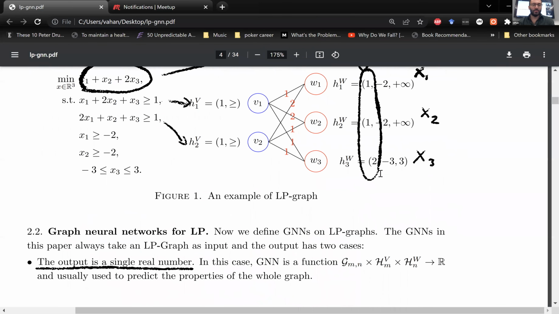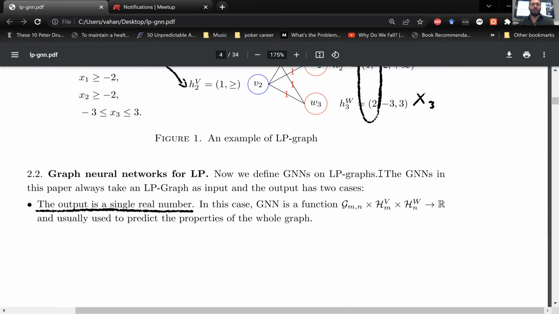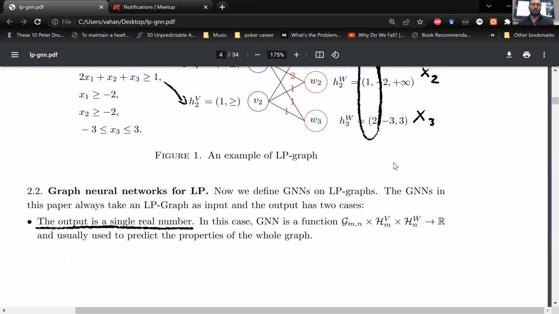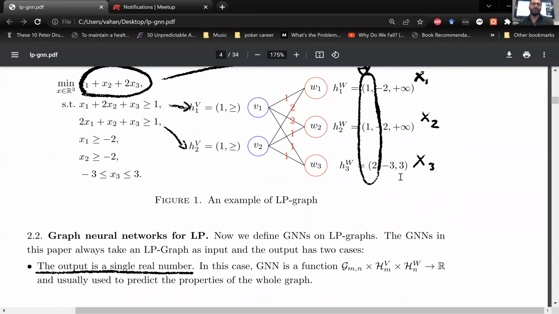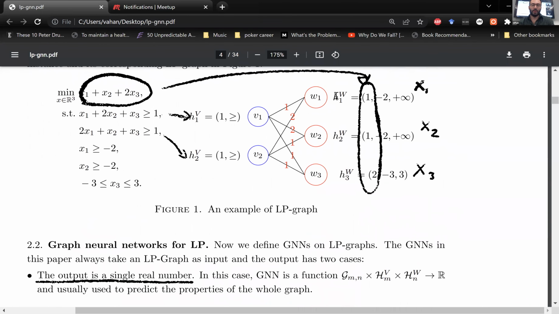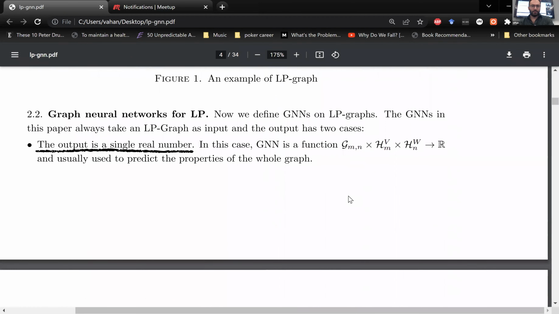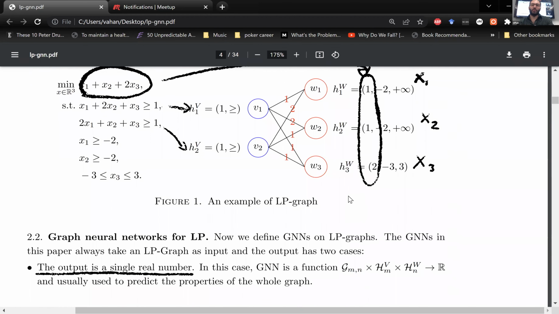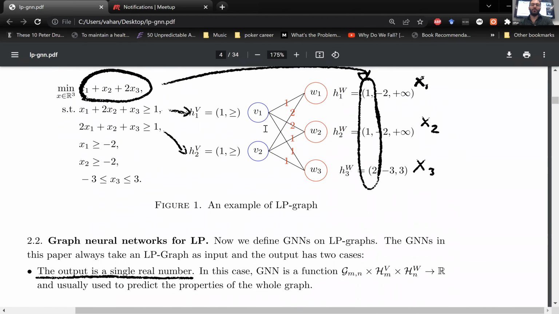So that's how we represent an LP as a bipartite graph with features. The H on each side is the feature vector. Eventually, before we train a model, we will convert both feature vectors to numeric features of the same dimension. Otherwise, some of your nodes will have different dimensions of features, and it won't work.